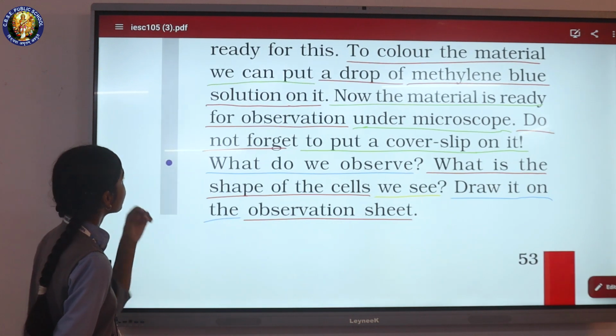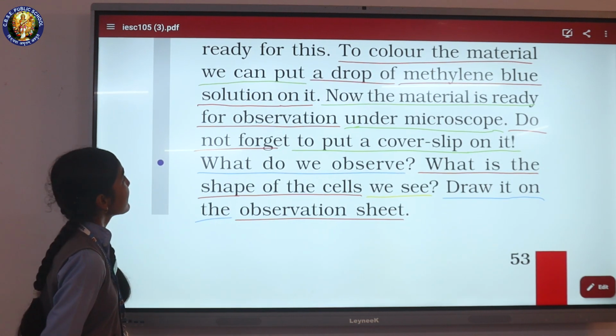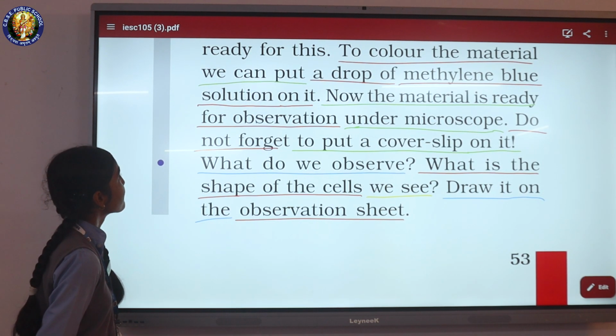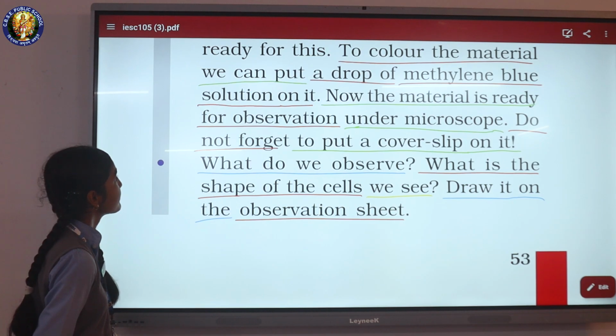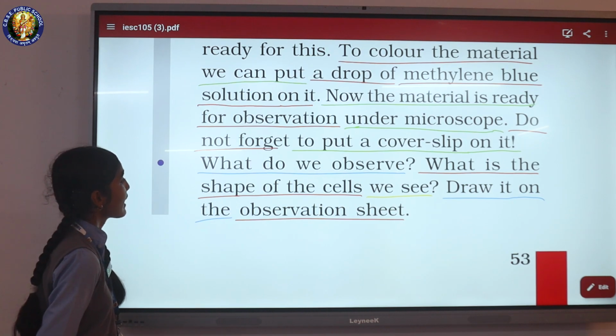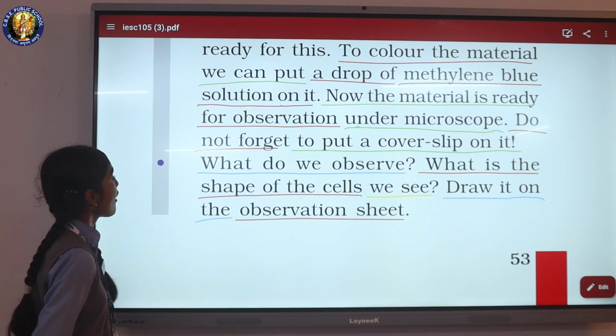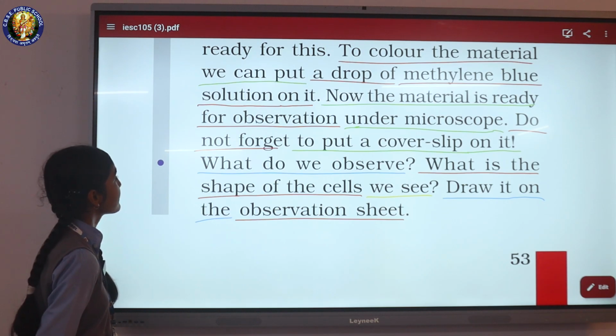To color the material, we can put a drop of methylene blue solution on it. Now the material is ready for observation under microscope. Do not forget to put a cover slip on it.